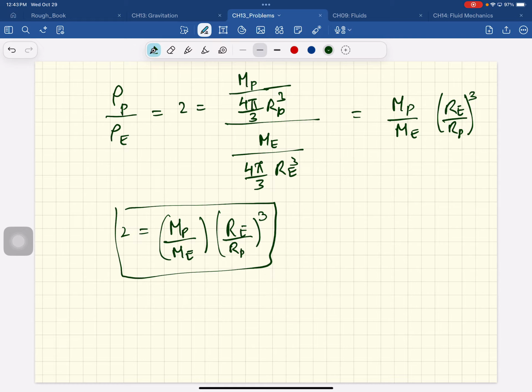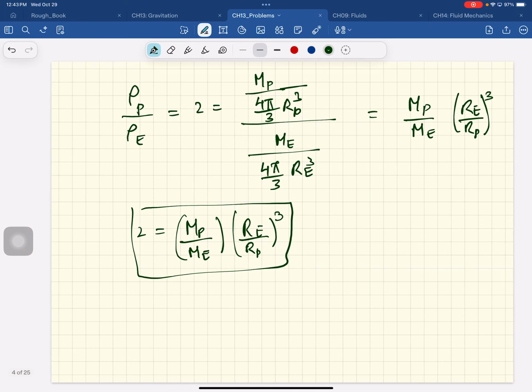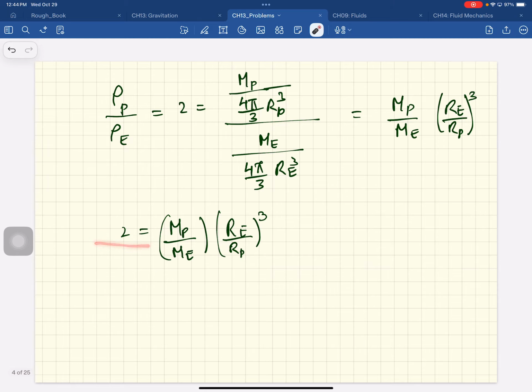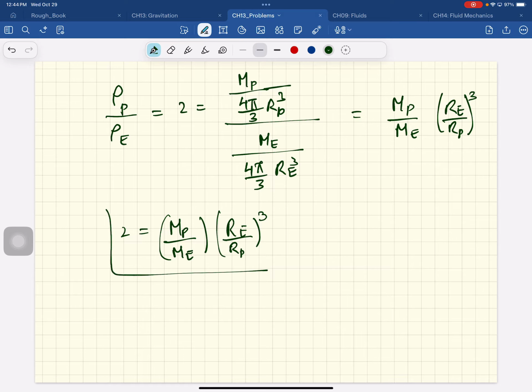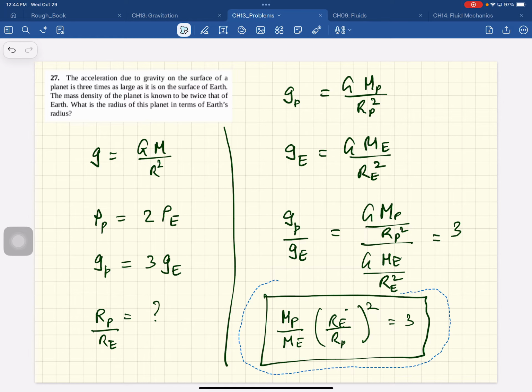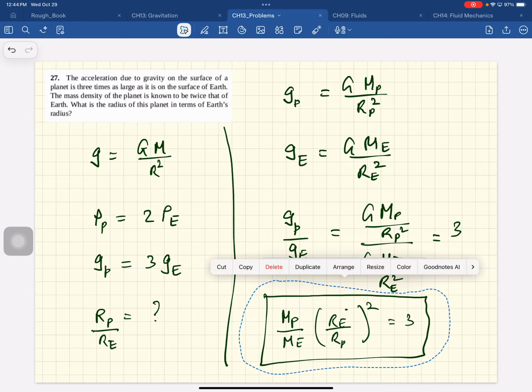All right, so what we have done is the following. The fact that on the planet the acceleration due to gravity is thrice that on Earth gave us this equation, and this density equation gave us that equation. I'm going to copy this and bring it here.